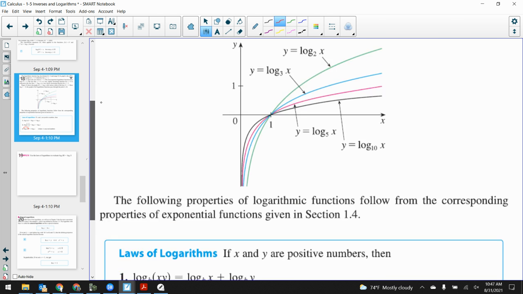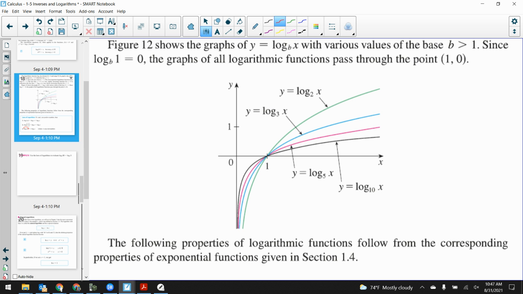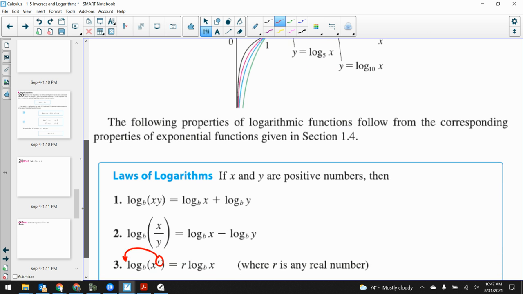A couple of things about the graph before we move on. Remember that the graph of an exponential had an asymptote at the horizontal axis. The graph of a logarithm also has an asymptote, but it's no longer the horizontal, it's the vertical axis.